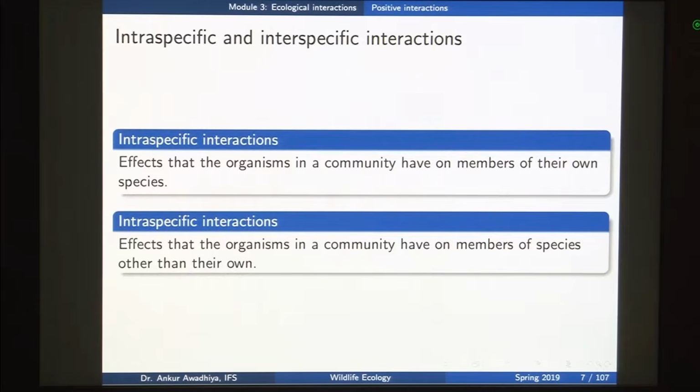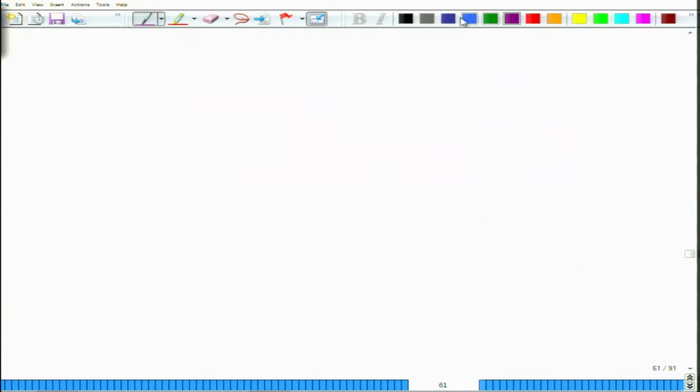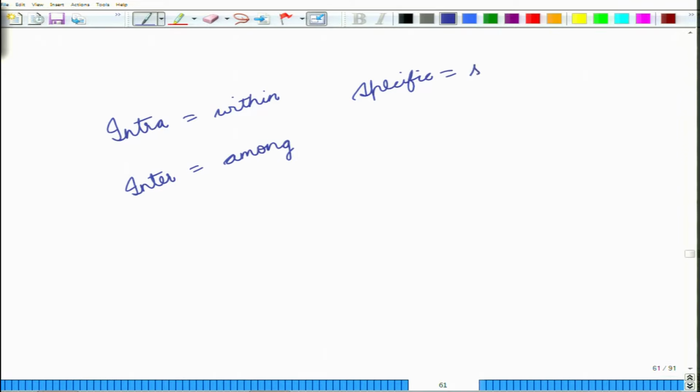So, essentially what we mean by that is, if you look at the word roots, intra is within and inter is among. Now, specific is related to species.